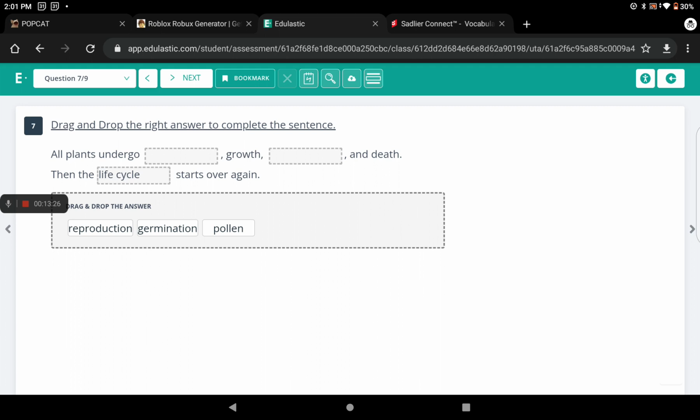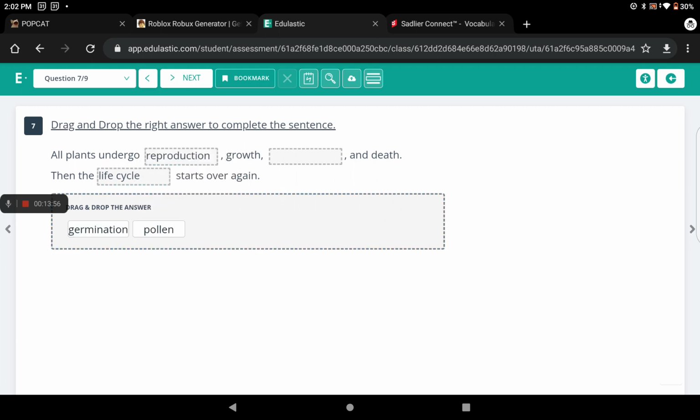All plants undergo, blah blah blah, growth, blah blah blah, and death. Then birth starts over again. So those are the ones you need to fill in. All plants undergo, will it be reproduction, germination, pollen, or life cycle?